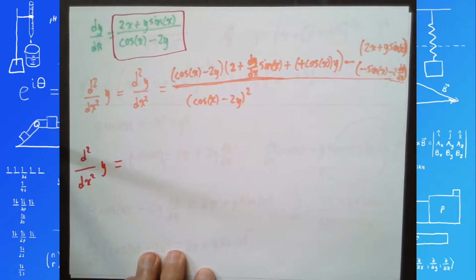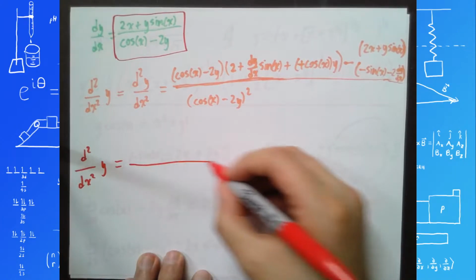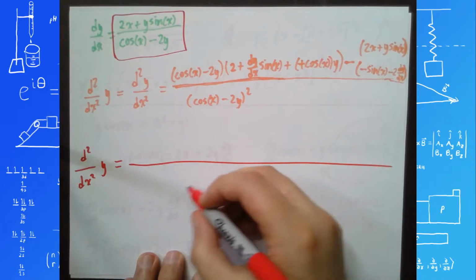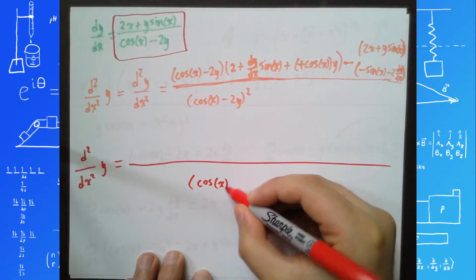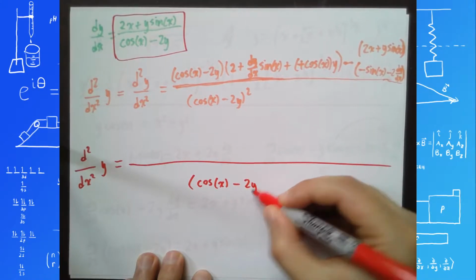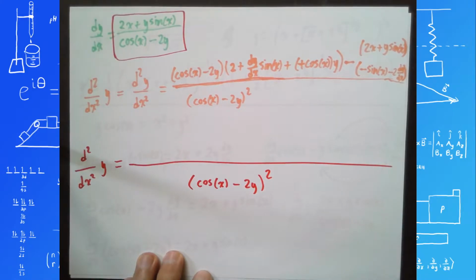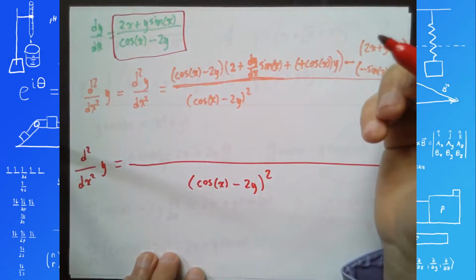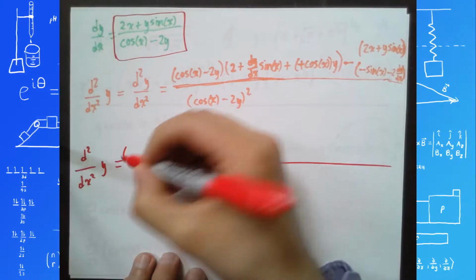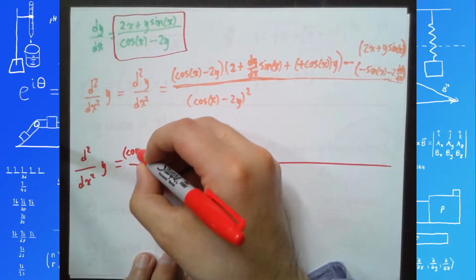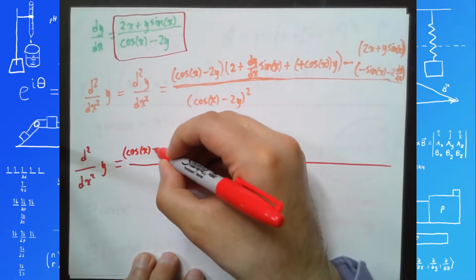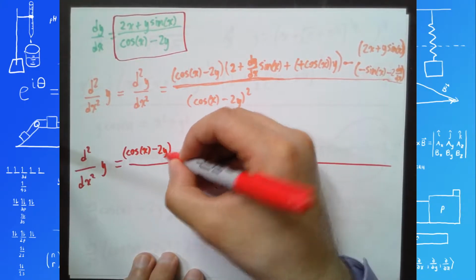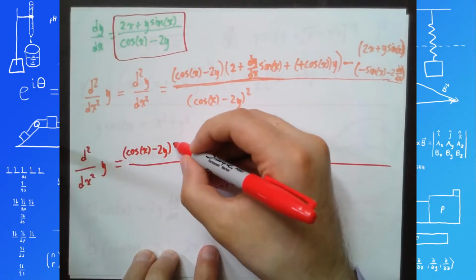Second derivative is equal to, oh boy, cosine of x minus 2y quantity squared. That's the easy part. Then we've got, I'm not even going to bother trying to simplify this. I'm just going to sub in the dy dx and leave this expression as is, if I can even fit it all in here.